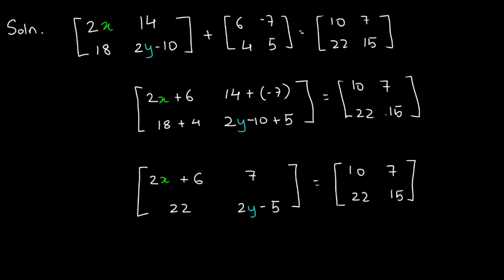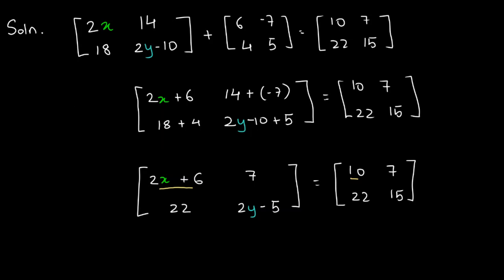Now if you remember when we were discussing the equality of matrices, two matrices are said to be equal if they are of the same order and their corresponding elements are equal. So here, the first row first column element, which is 2x plus 6, should be equal to 10. Solving that equation will give us the value for x.